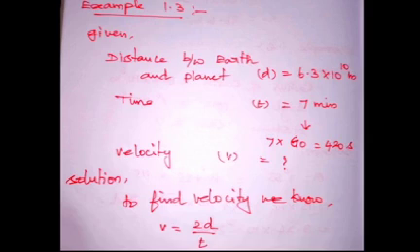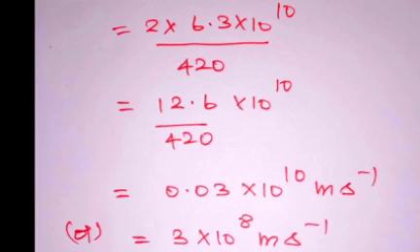Then we have to find the velocity v. Solution: to find the velocity, we know the formula v equal to 2d divided by t. Then substitute the value. We get 2 into 6.3 into 10 power 10 divided by 420. Now multiply the numerator, we get 12.6 into 10 power 10 divided by 420.